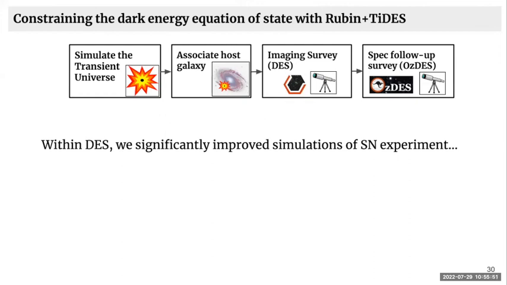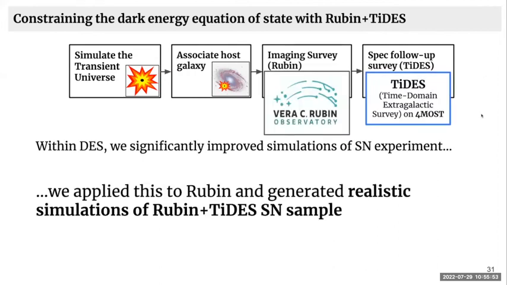Basically, all we need to do is apply the same framework, but instead of implementing the DES detection efficiency and cadence, we use the better Rubin one. And instead of modeling the spectroscopic follow-up of OzDES, we, with the help of Christopher Meyer, modeled the spectroscopic follow-up of TiDES.